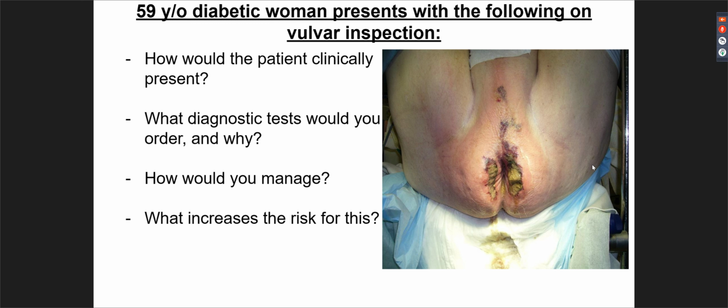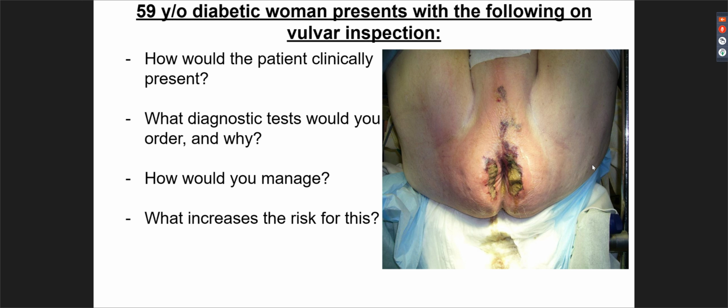For example, if she shaves in that area, that can increase the risk. I'm trying to think if there are other big ones. Really the biggest one is probably diabetes, but any sort of trauma or infection in that area that goes untreated, or if she has any type of surgery in that area and has a post-op infection that's not recognized early.